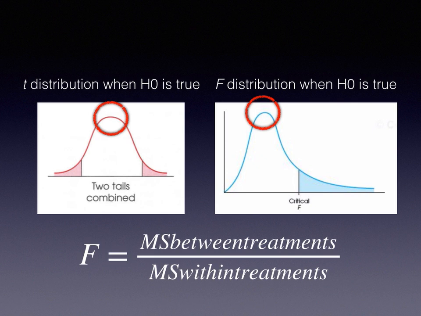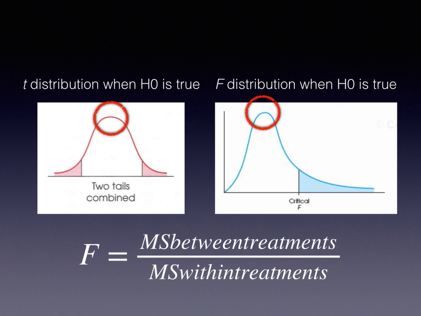When the null hypothesis is true in analysis of variance, the numerator is equal to the denominator, and that most frequently occurring score for F shouldn't be 0. It should converge on a value of 1 when the null is true. Because remember, when the null hypothesis is true, the T distribution is centered on 0.